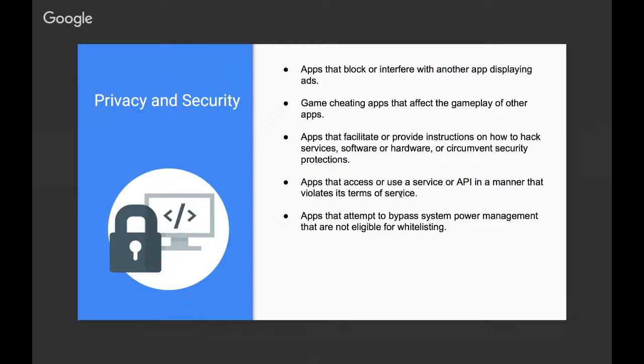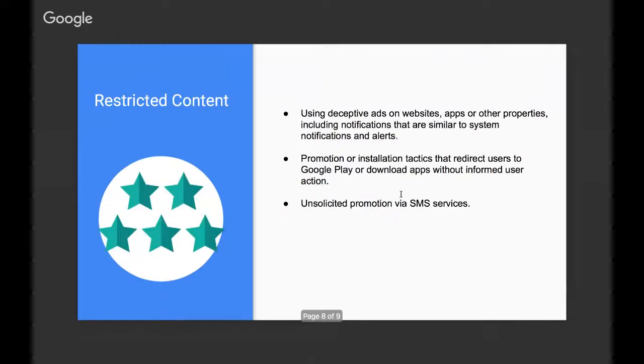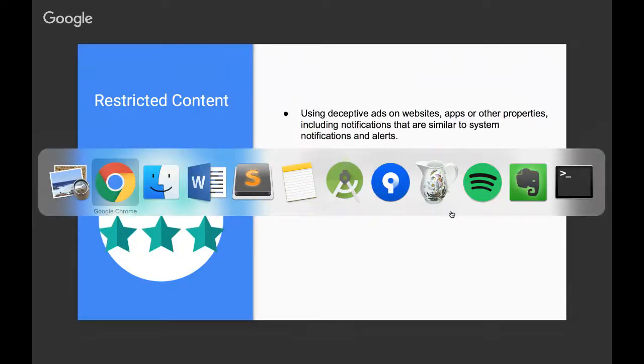They include apps that engage in the following behavior, for example, using deceptive ads or websites, apps or other properties, including notifications that are similar to system notifications and alerts, promotion or installation tactics that redirect users to Google Play or download apps without informed user action, and unsolicited promotion via SMS services. So yeah, those are three important things.